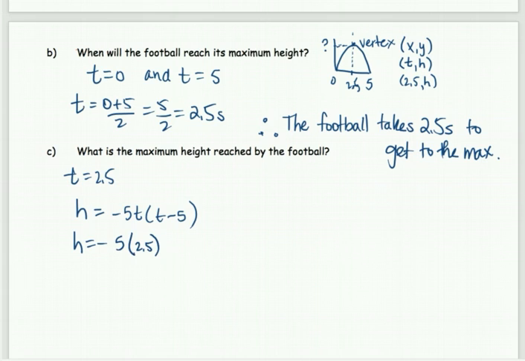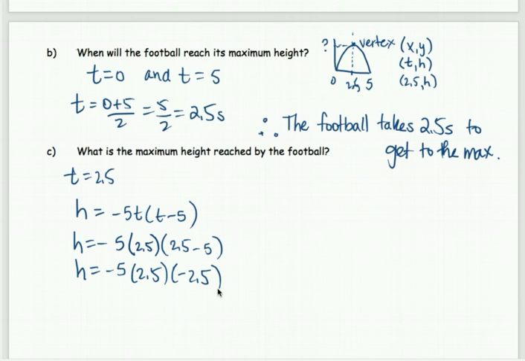That t there, and then this one inside the brackets. Hopefully you're comfortable with the fact that it is negative 5 times 2.5 times this value here. That's what we need to do in the end. We'll just clean up that last bracket. If we subtract those, we'll get negative 2.5.